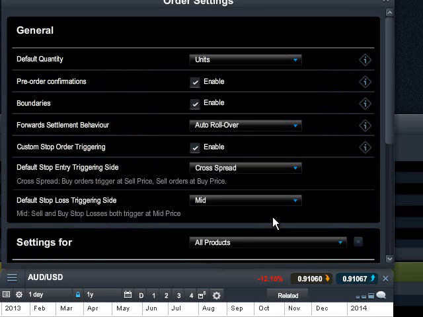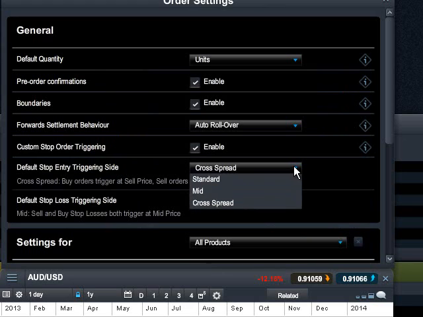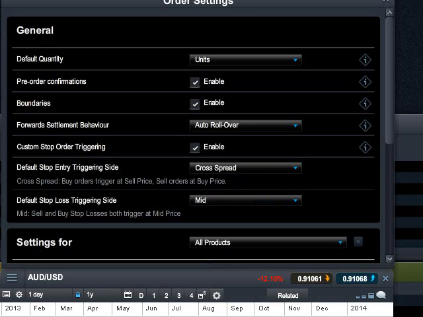Click accept, and you can then choose an alternative of either a standard, a mid or a cross price setting. Now the standard involves having your stop triggered by the first price that arrives at your stop trigger level.